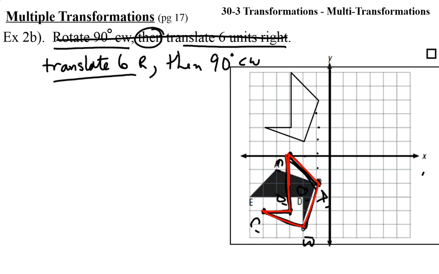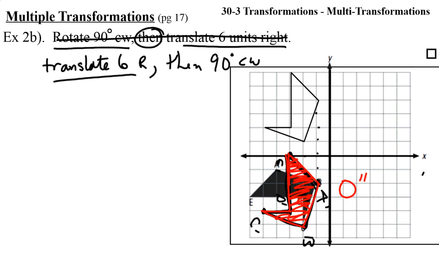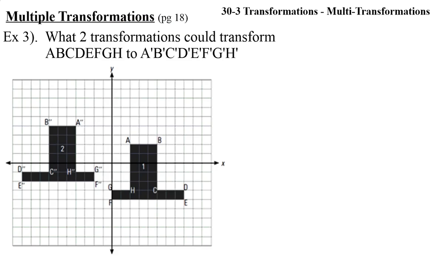So there's where our object double prime finishes, this here, and is that even close to what the last one was? Here was our double transformation, and here is our second double transformation when we switch the order. So two transformations in different order, we can see gives us totally different solutions.